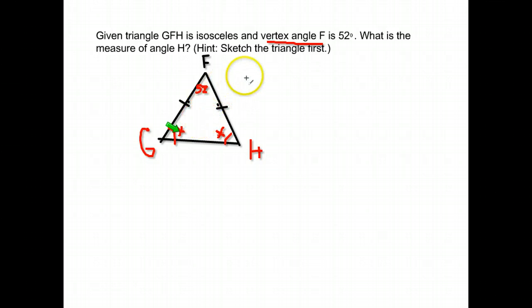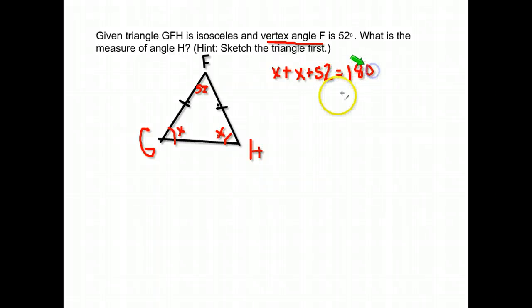My next step is going to deal with the fact that we know in a triangle, all the angles add up to how many degrees? Hopefully you said 180, because that is the case. So if we add our three angles together, an x, another x, and a 52 degree angle, together those should equal 180. And then we just solve from there. We combine our x's, and x plus x gives me 2x plus 52 equals 180.